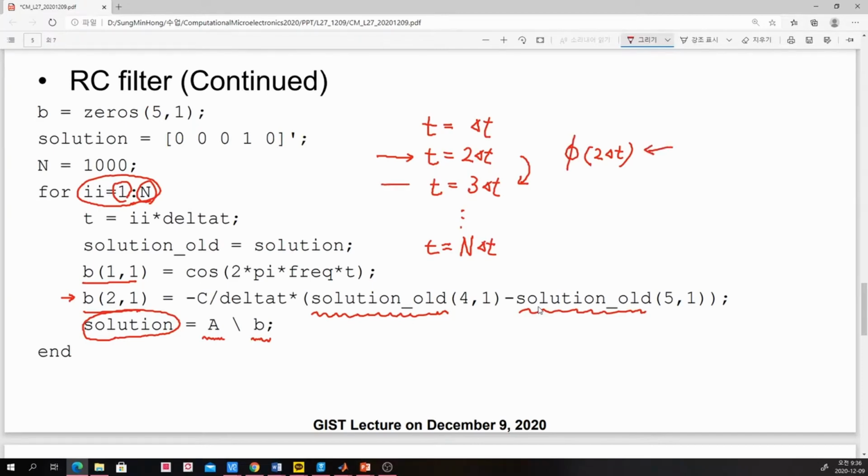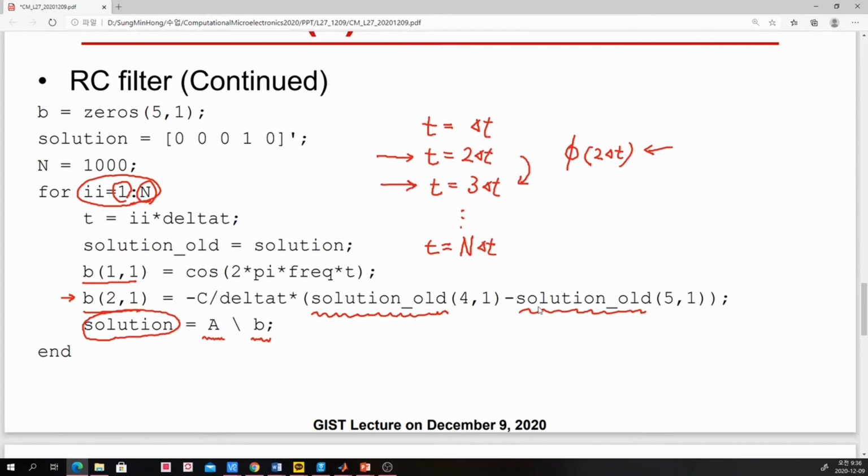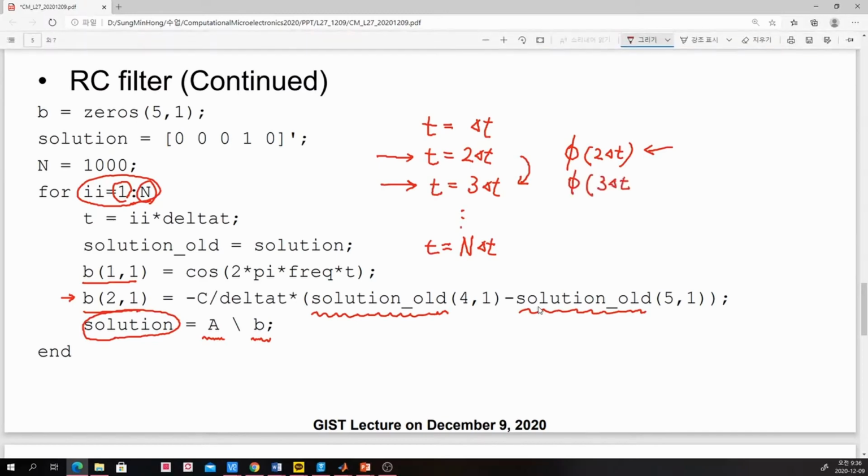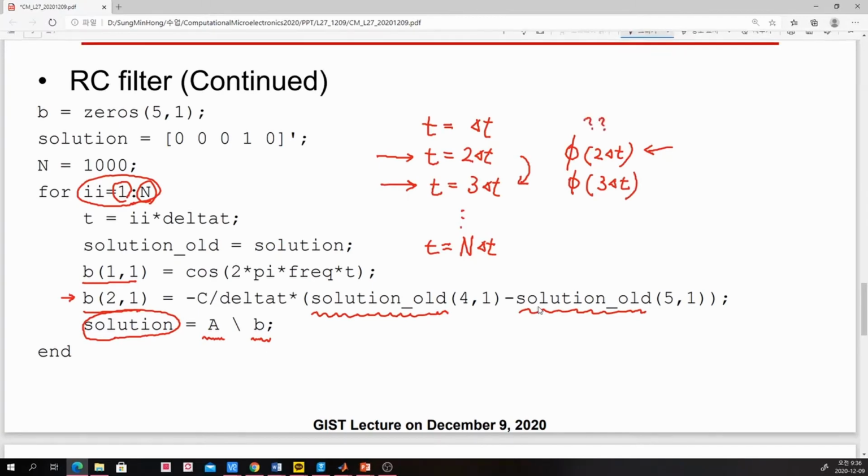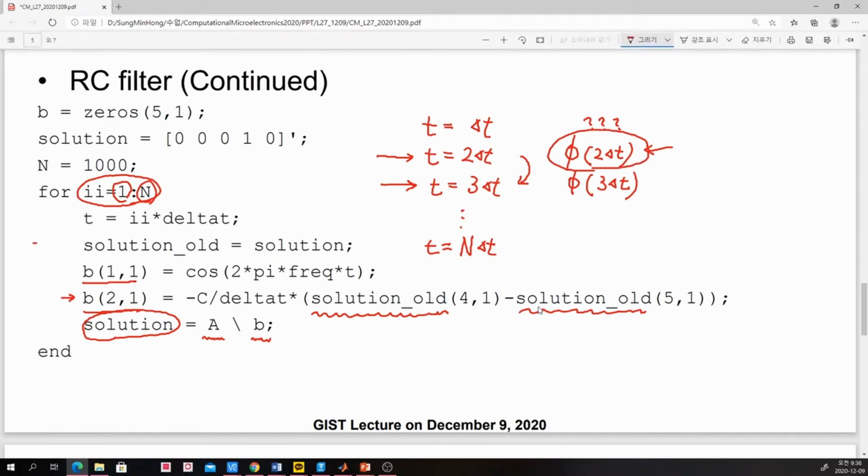However, if we try to solve t equal to 3 times delta t, then now we are interested in the 3 times delta t quantities. And how about this? Then this one should be regarded as the past solution. So here you can see one important line.